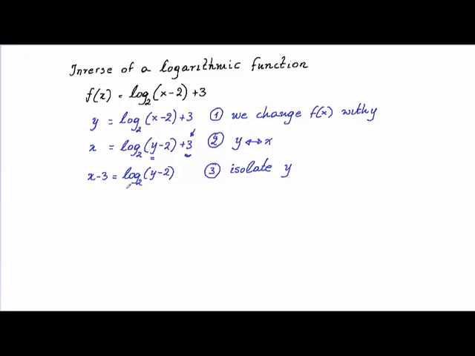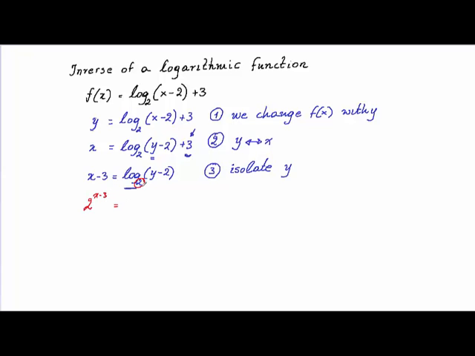The next step is that we want to get rid of the log. In order to get rid of the log, what we have to do is raise both sides of the equation with a base of 2. So we rewrite now the equation as an exponential equation.